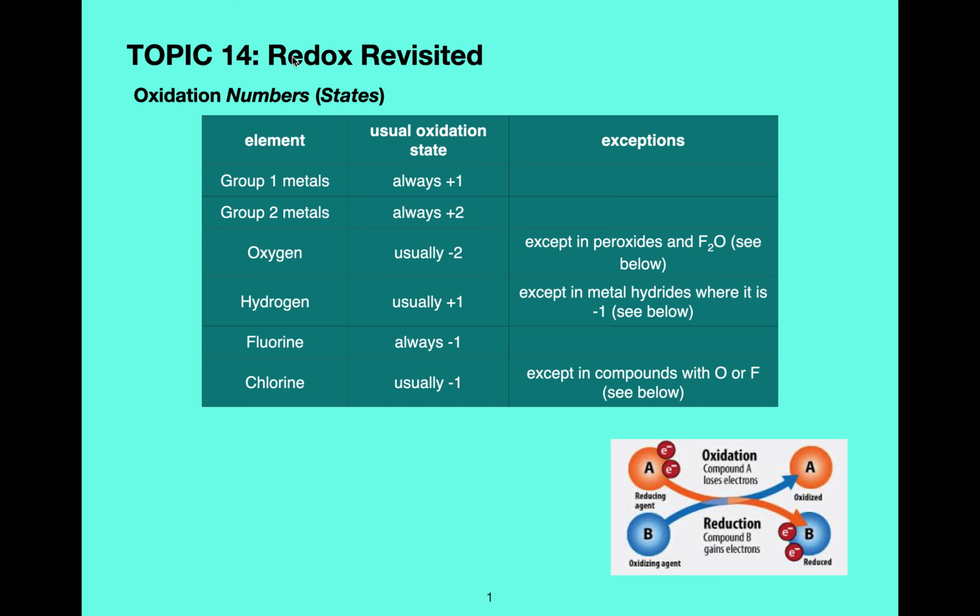So the group 1 and group 2 metals are invariable here, aren't they? They are always +1 in group 1 and always +2 in group 2. So they are the reference elements in calculation of oxidation states and numbers. The only other that doesn't change is fluorine.